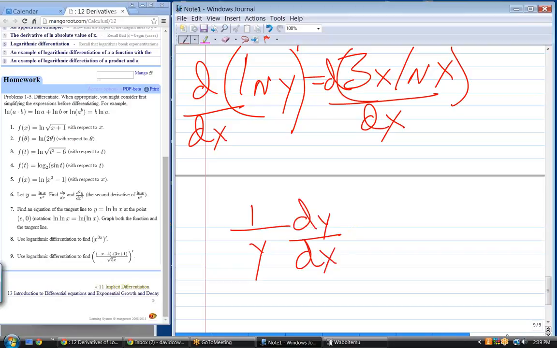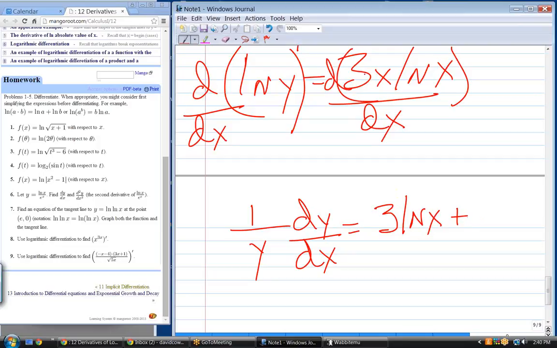And the derivative of the right side. It'd be 3, well, you'd have to use product rule.